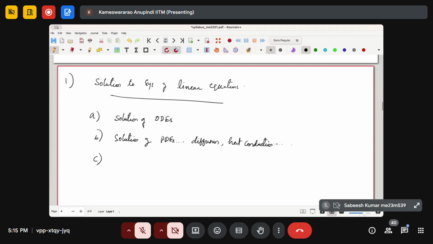Similarly, in the solution of systems of nonlinear equations, we also end up solving systems of linear equations, because we have to linearize these nonlinear equations. So these are some of the applications.